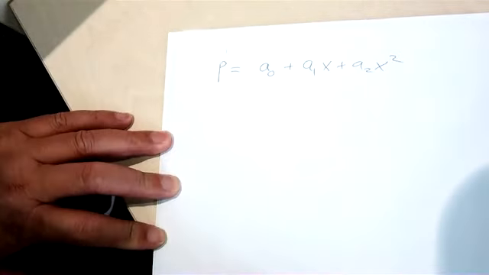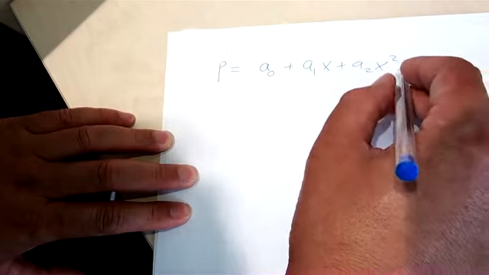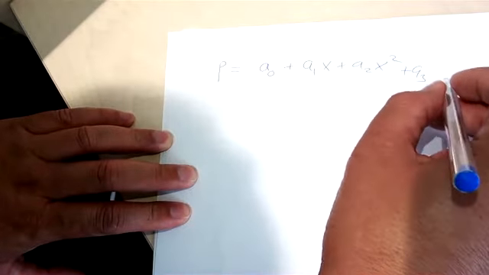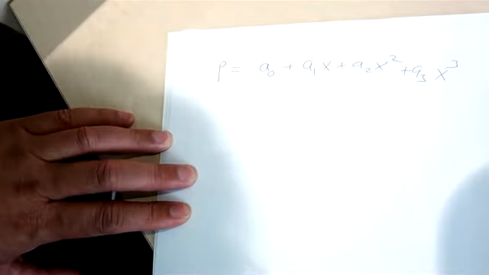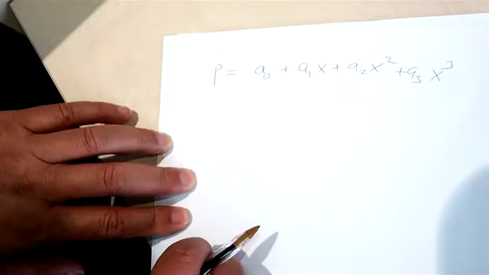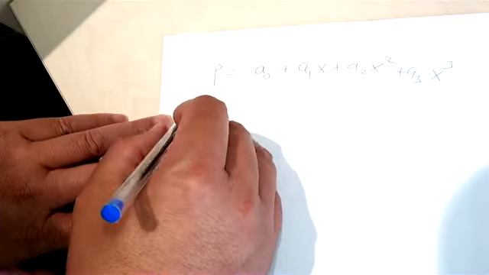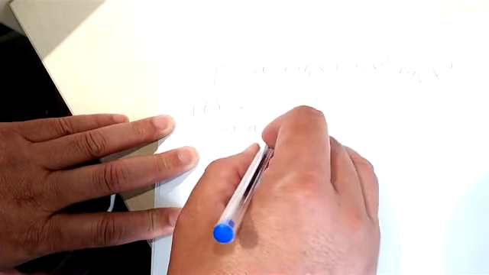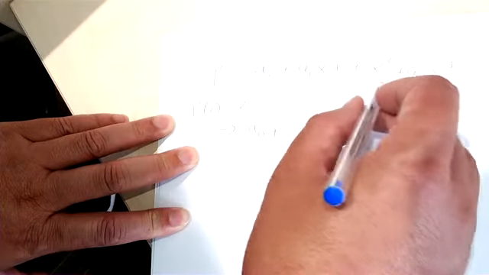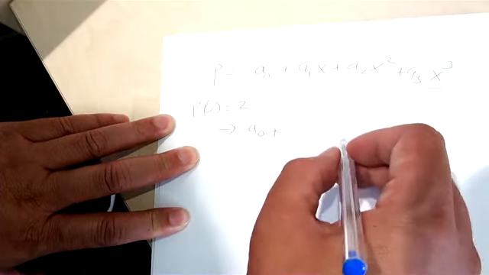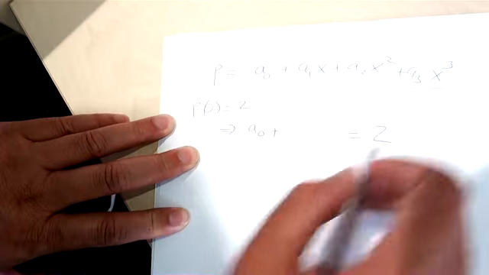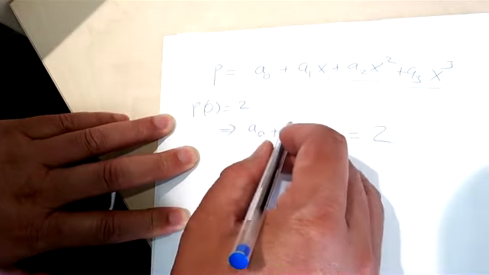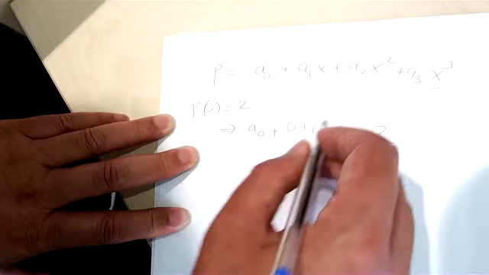So this one is a quadratic, so plus A3x cubed. And then now you have P(0) equal 2. It means that you have A0 plus 0 here, 0 here, 0 here, so plus 0, equal 2.